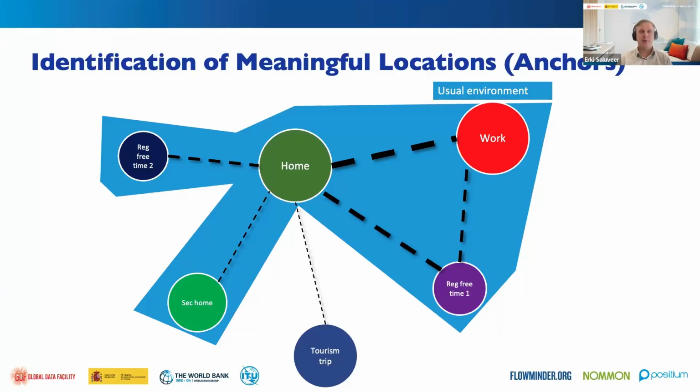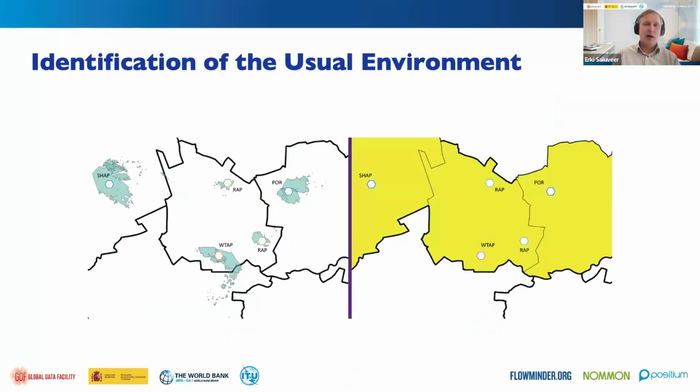And this is a very beneficial step within this core model, to be able to detect tourist trips at later stages. There are different ways to identify the usual environment, but you can learn more about detection of meaningful locations and usual environment in the second module of this training.